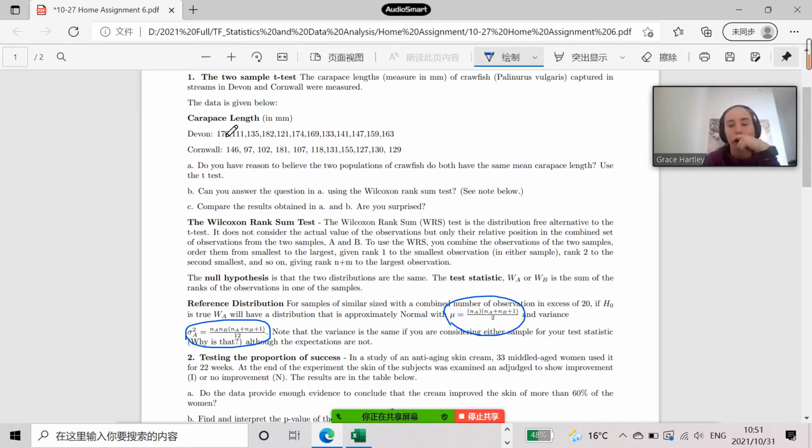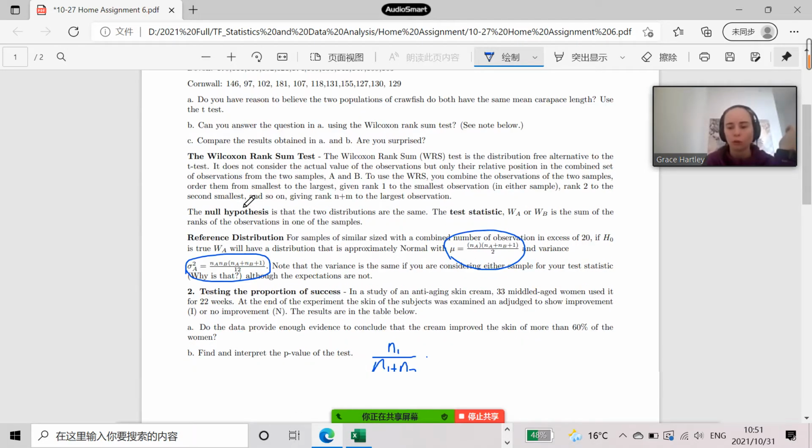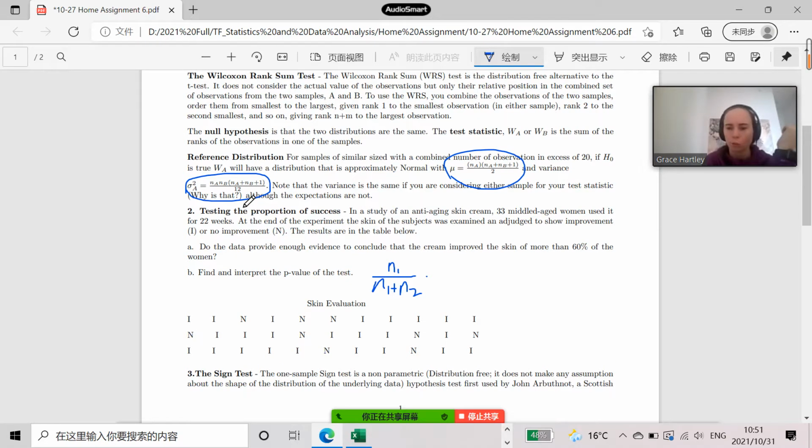NA is the number of statistics in Devon, and NB is the number in Cornwall. NA is 11 for Devon, for example, and NB is 12 because that was the Cornwall population.